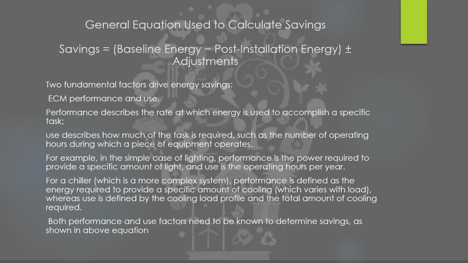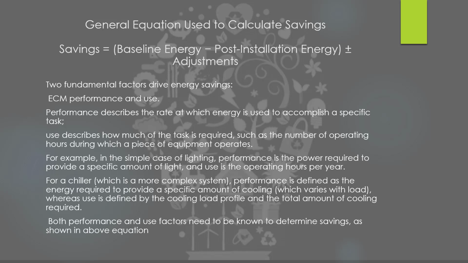General equation used to calculate savings. Savings equals baseline energy minus post-installation energy, plus or minus adjustments. Two fundamental factors drive energy savings: ECM performance and use. Performance describes the rate at which energy is used to accomplish a specific task.